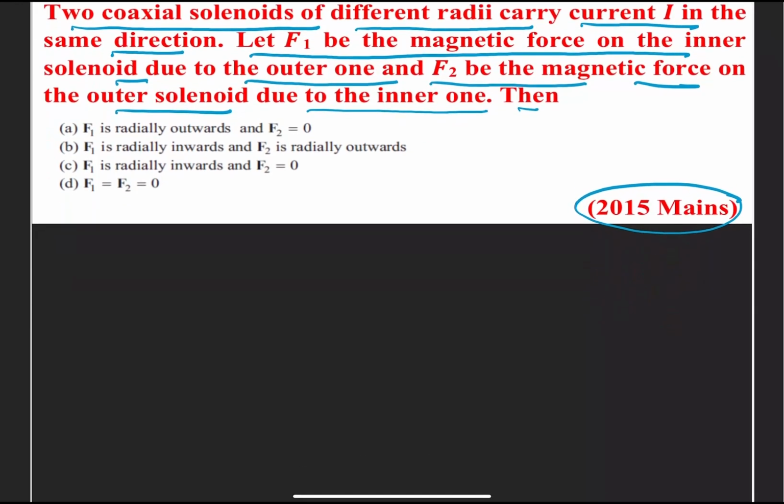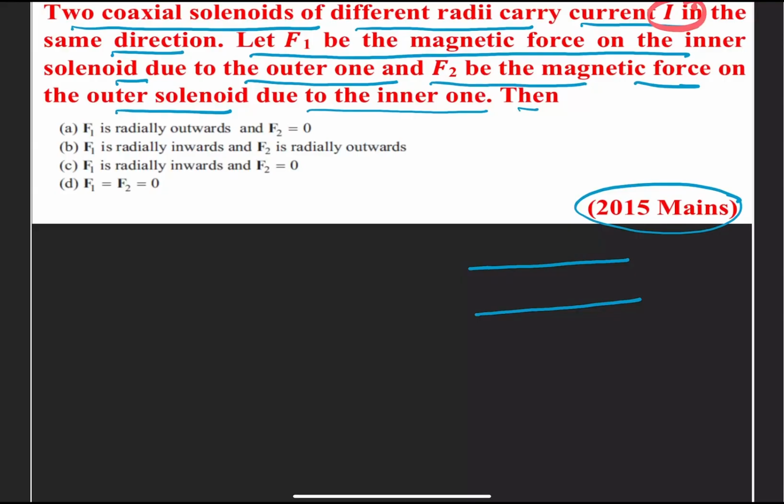So let's draw an approximate figure for these two solenoids, and we can just represent them with the help of some kind of parallel lines. Suppose this is our inner solenoid and the current will be going into the wire on one side and coming out from the other wire. It is also said that the current is flowing in the same direction in both the wires.